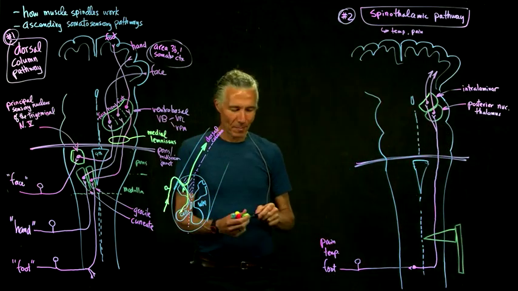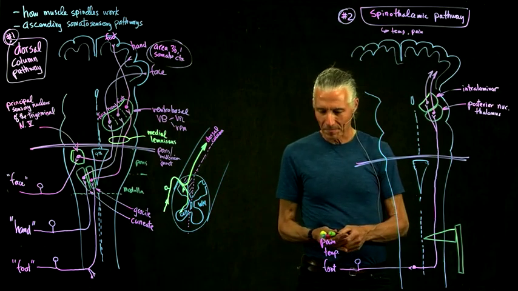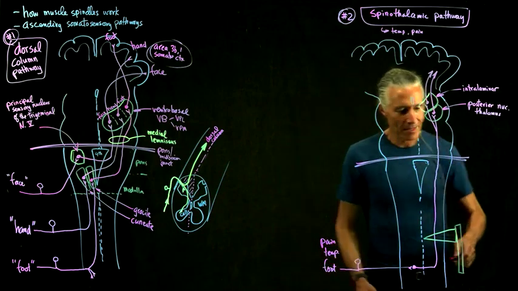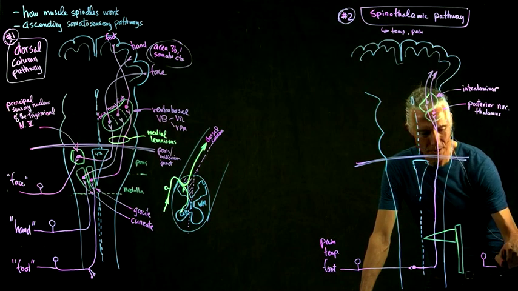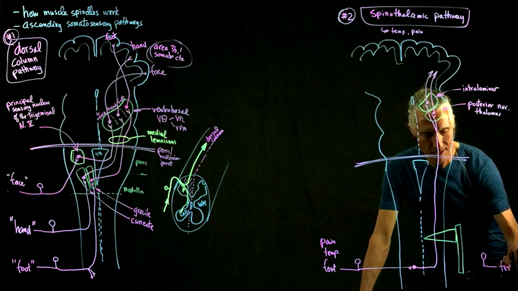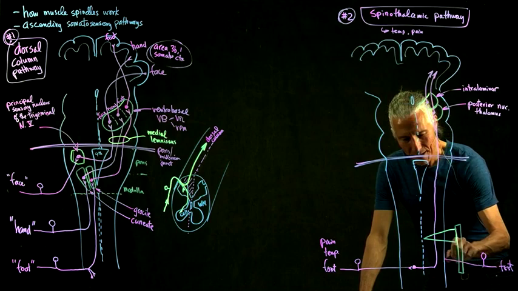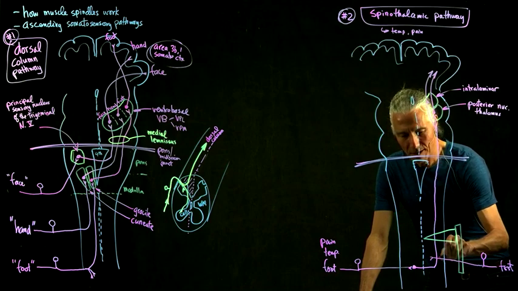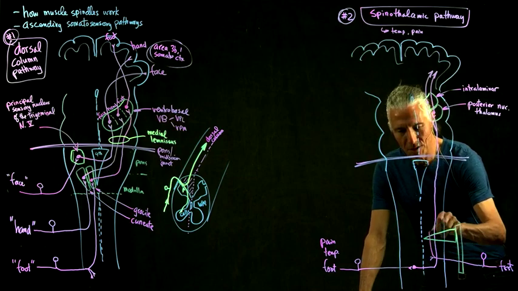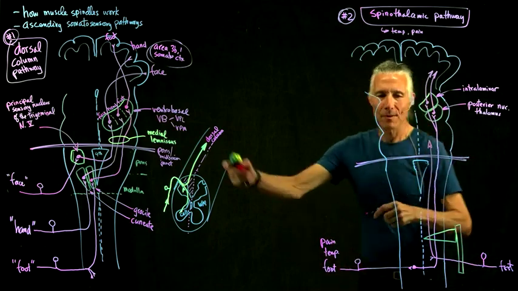So what's going to happen? Well, there's going to be some dorsal column connections on this side from the foot on this side. And those guys are going to come in, and maybe they'll synapse on some cells in the spinal cord, and then they're going to run up in the dorsal column. And they'll go up to the ventral basal.